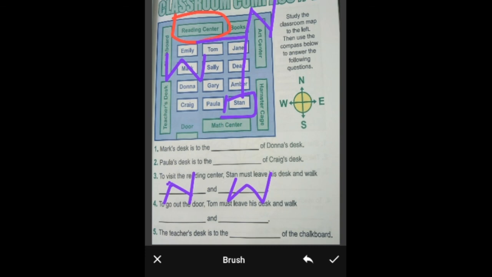And now look at blank number 4. To go out the door, Tom must leave his desk and walk dash and dash. So there is the door, and here is Tom.